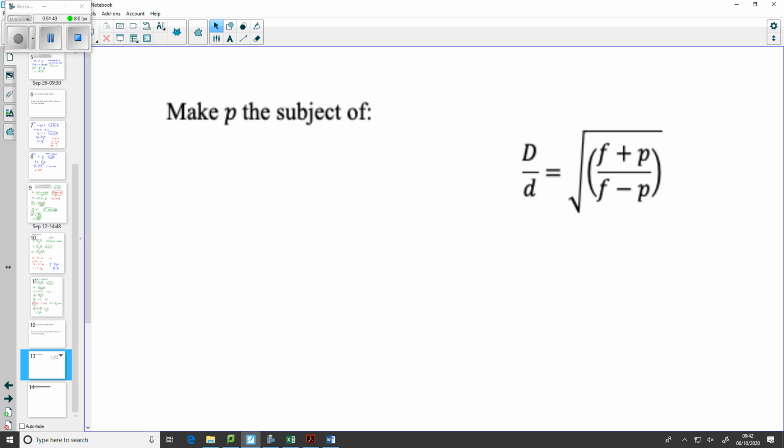Trying to make P, which is two lots of it, the subject. No idea? We could start there, couldn't we?